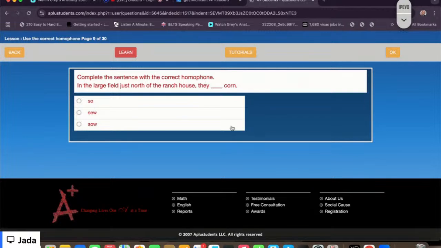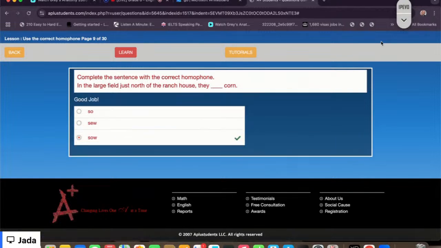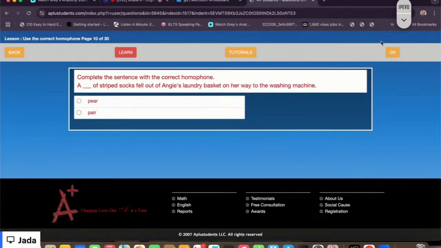All right, so they sow corn. Okay, good.